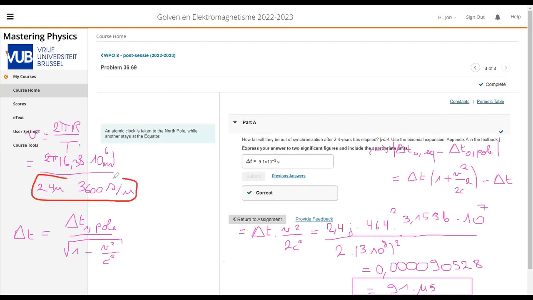That's the thing provided to you, and this is the thing that you have to do. That's just the radius, the distance between the equator and the North Pole, and I use this formula.